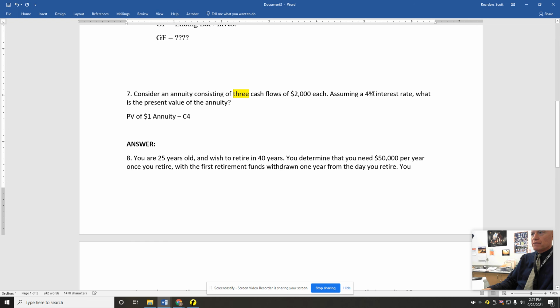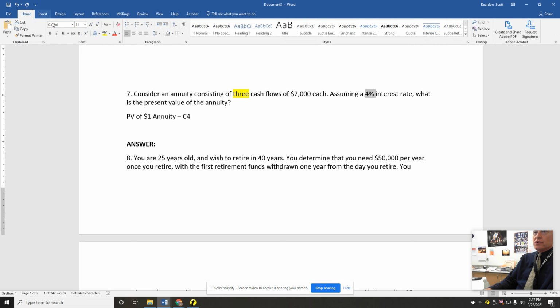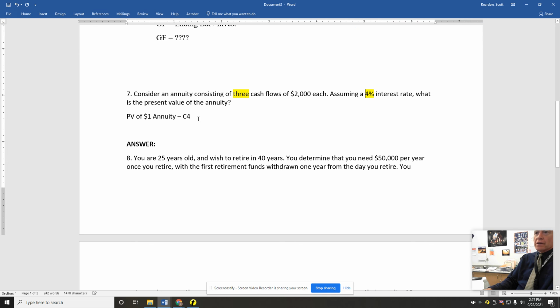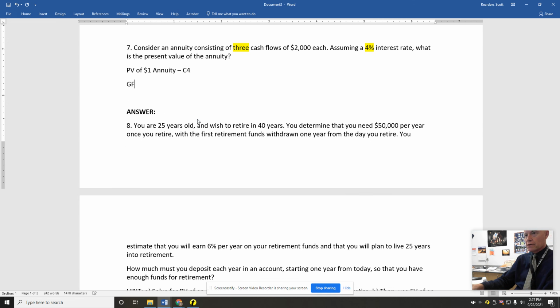Discount rate, 4%. I think you can figure it out from there. Figure your factor, multiply by your annuity, which is $2,000. So I'd say growth factor times annuity equals my present value of the annuity. What's the equivalent in today's dollars, given I'm going to make 3 cash flows over the next three years at 4%?